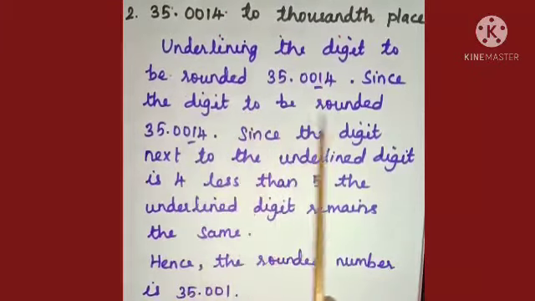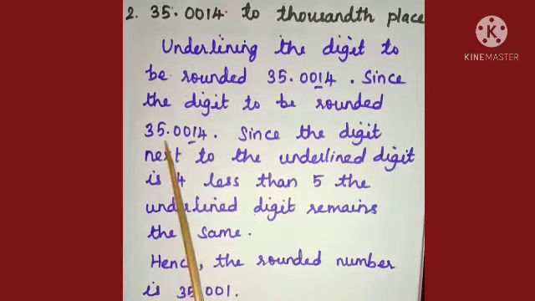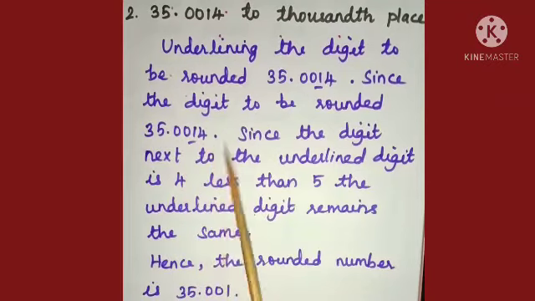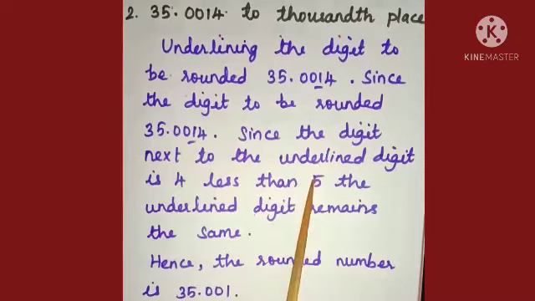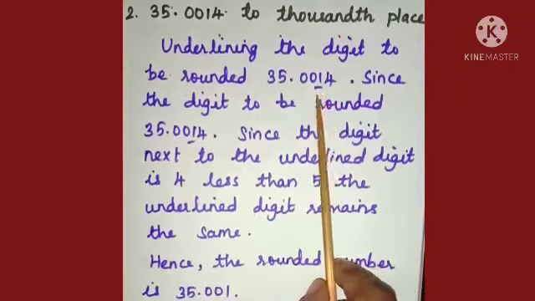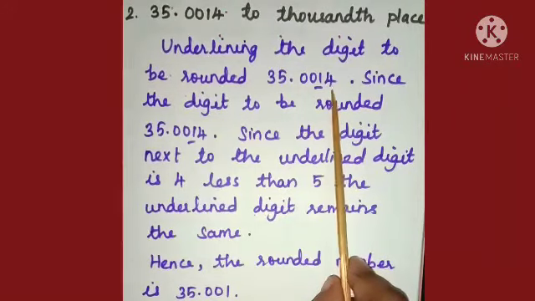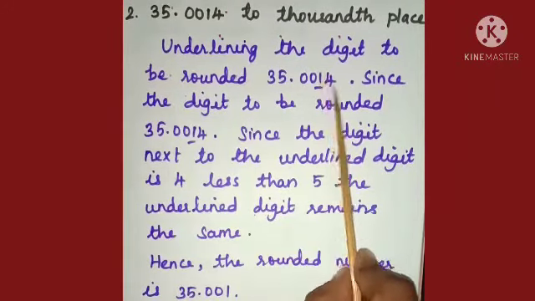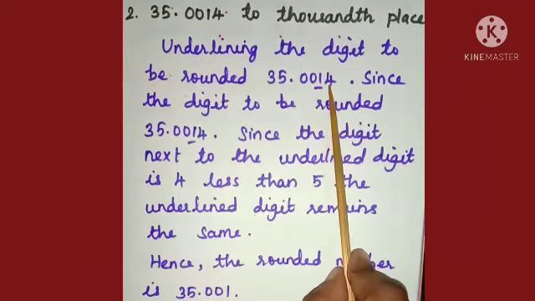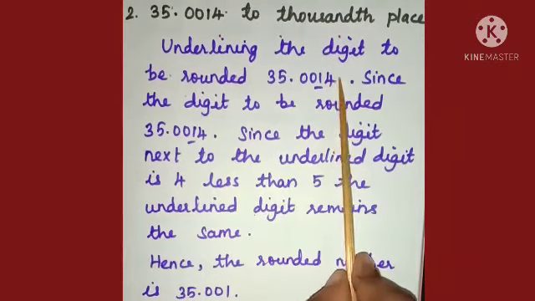Since we have the digit to be rounded in 35.0014, we have to see the next digit, that is the right digit of the underlined digit. So here the right digit of the underlined digit 1 is 4. So as our next step, what do we have to do? We have to check whether the digit to the right of the underlined digit is less than 5 or greater than 5.